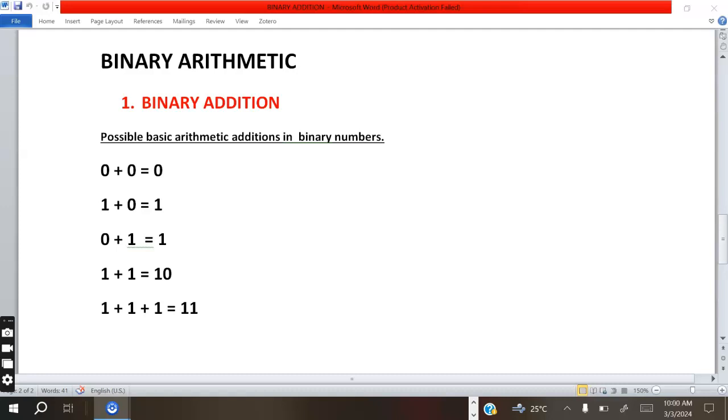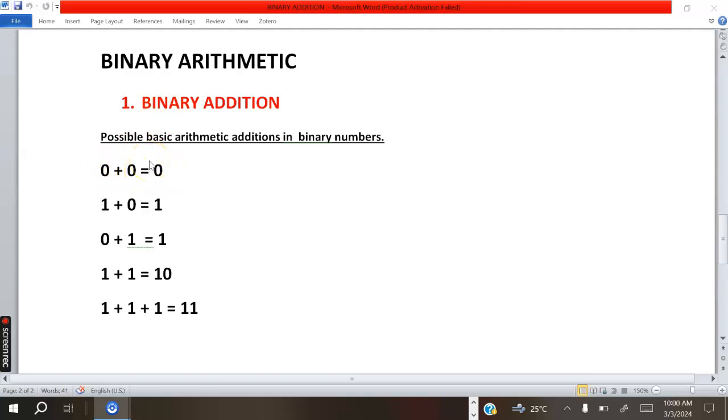Those are the most important part here. Whenever we deal with binary, we deal with two digits, 0 and 1. So for example, if we have a digit 0 and you add it to another 0, the answer will definitely be 0. Whenever you add binary 0 and another binary 0, it will give you 0.